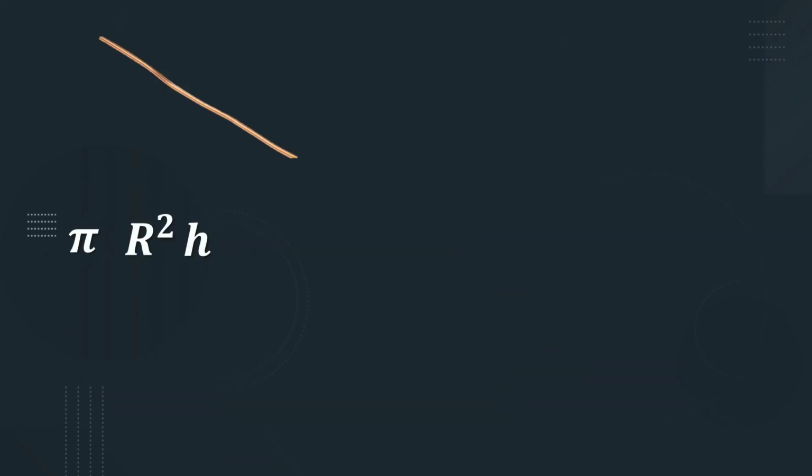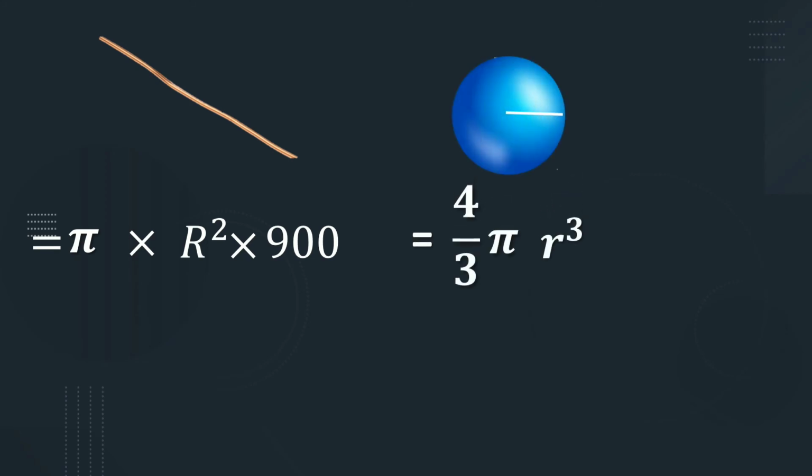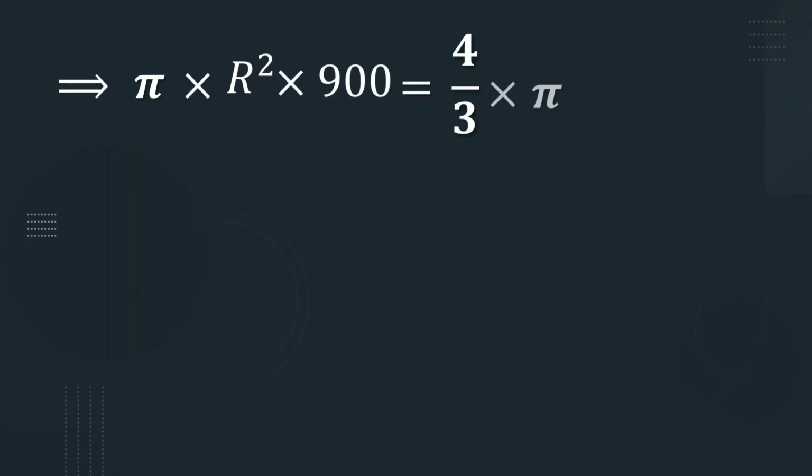We will substitute the respective values. Instead of height, let us write 900, that is equal to 4 by 3 pi r cube. Instead of r cube, 3 cube, since the radius of the sphere is 3 centimeter. So pi R square into 900 is equal to 4 by 3 pi into 3 cube.